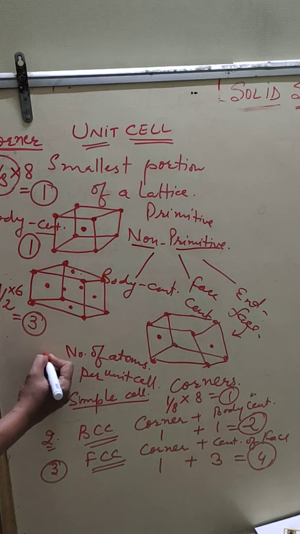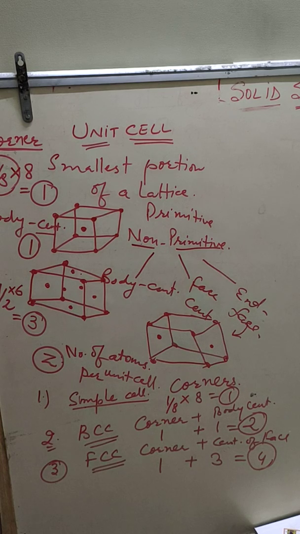We represent this number of atoms per unit cell by Z. We will be using this Z in the calculation of density of the unit cell, which we will be doing in the next video.